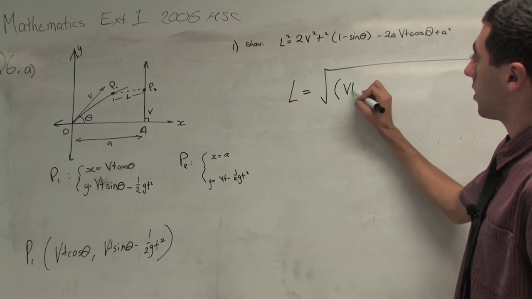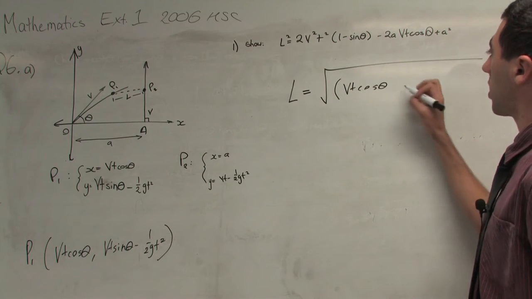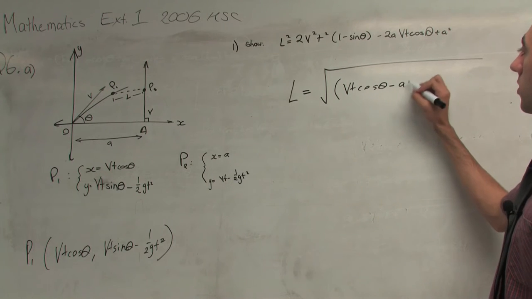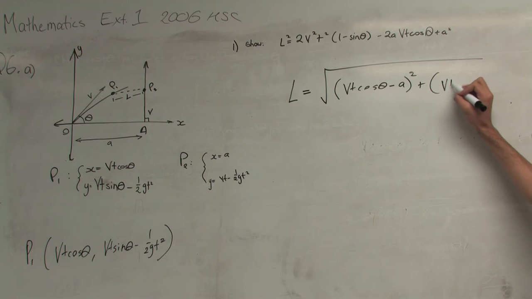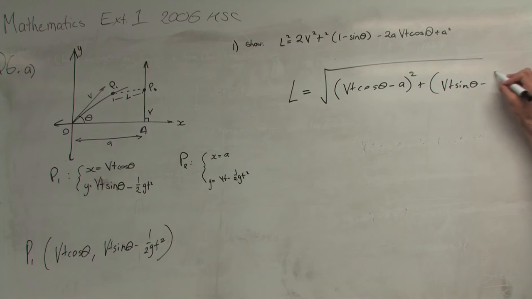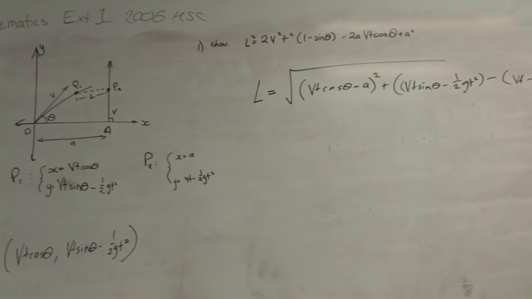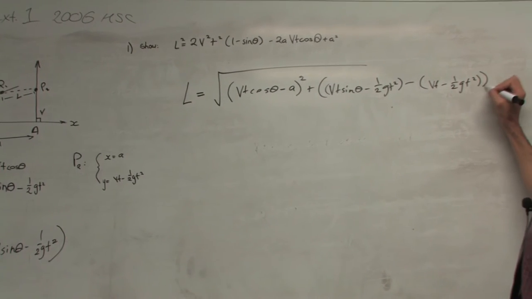So we've got vt cos theta for particle 1, and we take away a, because that's the x value of particle 2. And then we add the y value of particle 1, which is vt sin theta minus half gt squared, and we subtract from that vt minus half gt squared from particle 2.